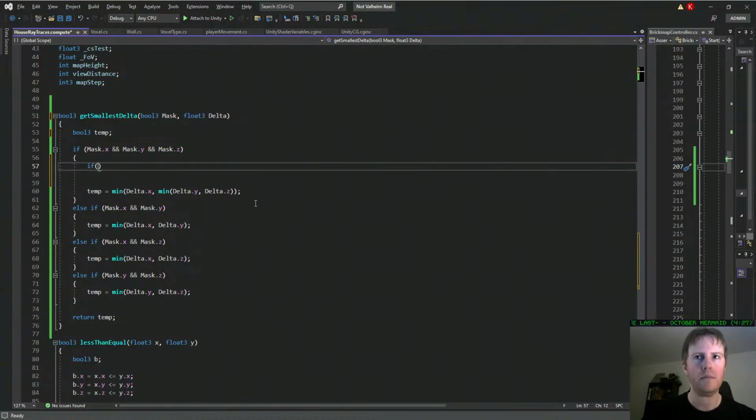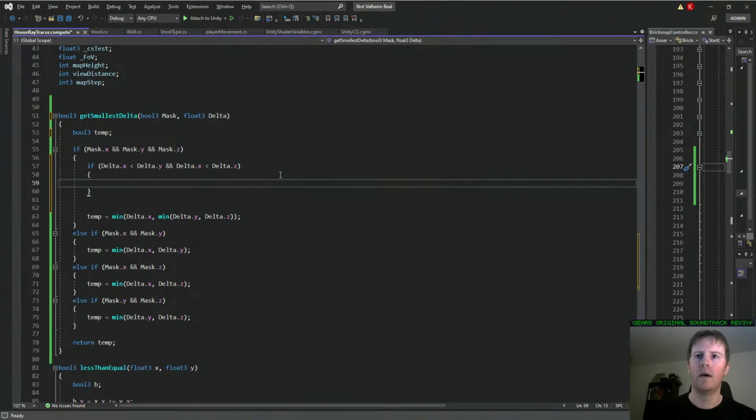If delta.x is less than delta.y, and delta.x is less than delta.z, then temp equals bool3 true, false, false.